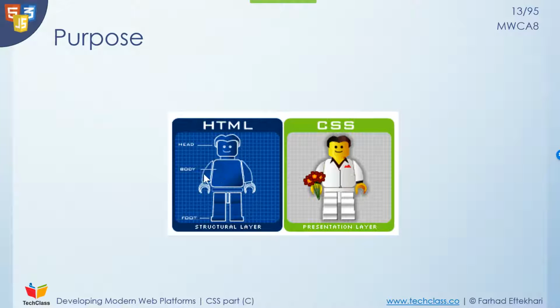You have your head, your body, your foot, and all the different elements that, as a structural layer, you can place in your web page. And then CSS represents your presentation layer. This is a nice example that you can see now. You already have that structure ready for you, and then by applying CSS rules, you make your presentation layer more beautiful and eye-catching to your visitors.